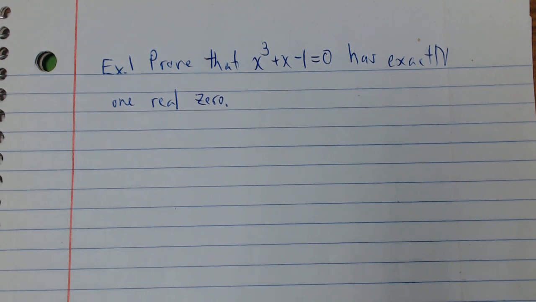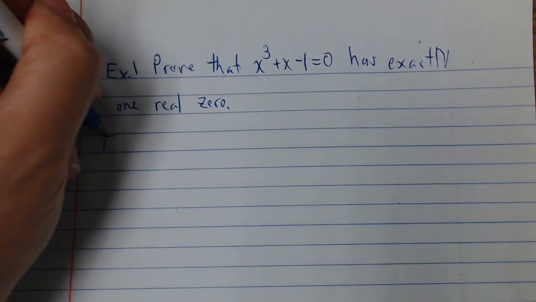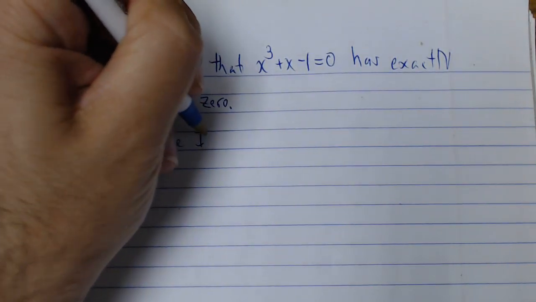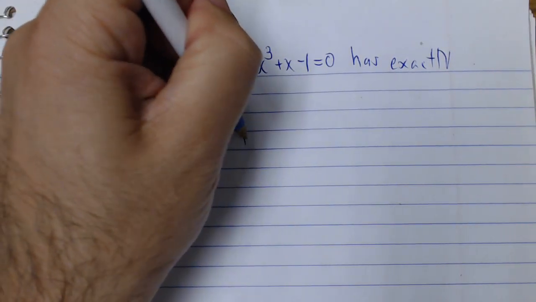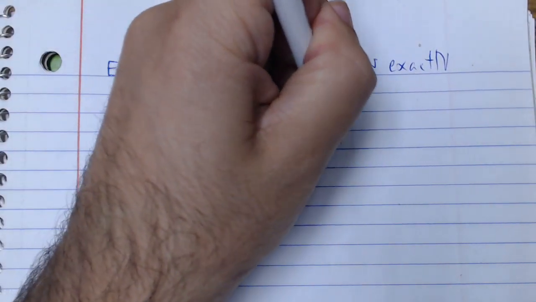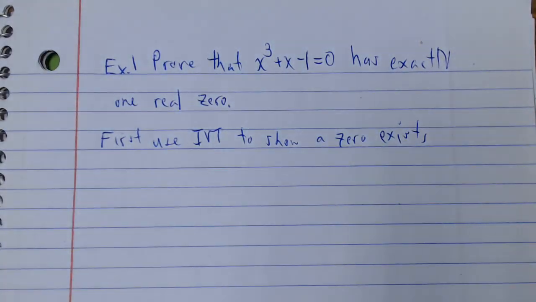So what we first want to use is IVT to show a zero exists. Okay, so let's do this.